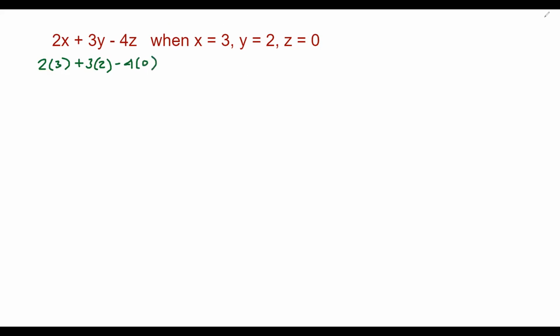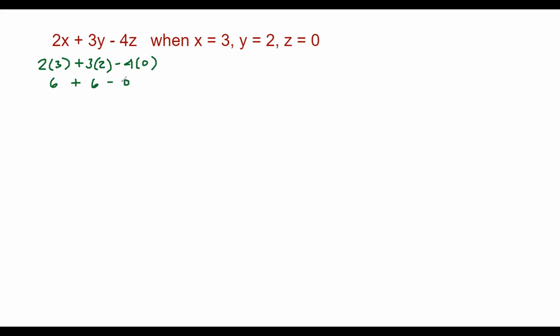When I'm adding things together like this, I can evaluate each part separately. I'm going to do this multiplication first because that's what PEMDAS tells us to do. 2 times 3 is 6. 3 times 2 is also 6. And we're subtracting 4 times 0. Well, 4 times 0 is just 0.